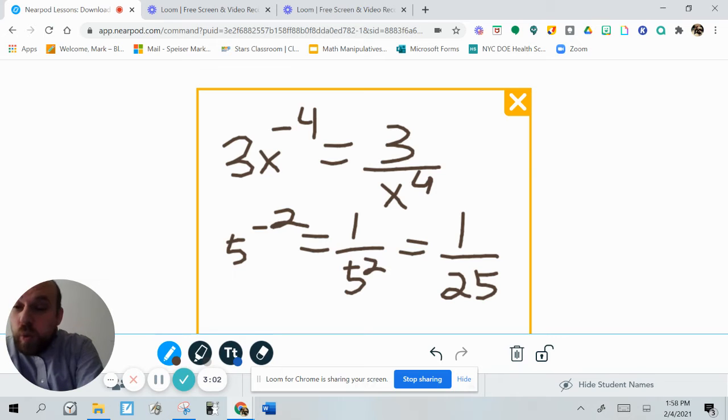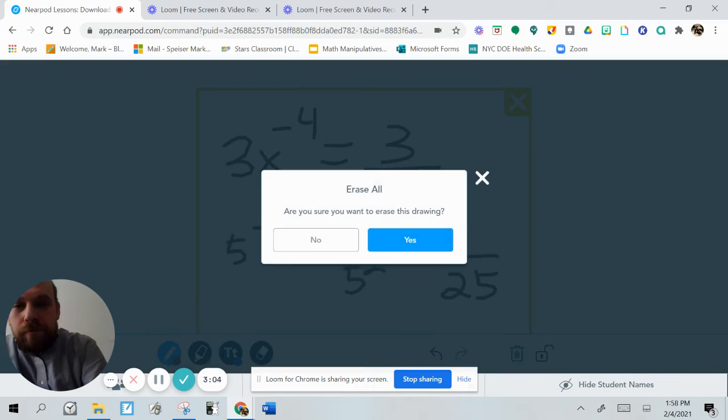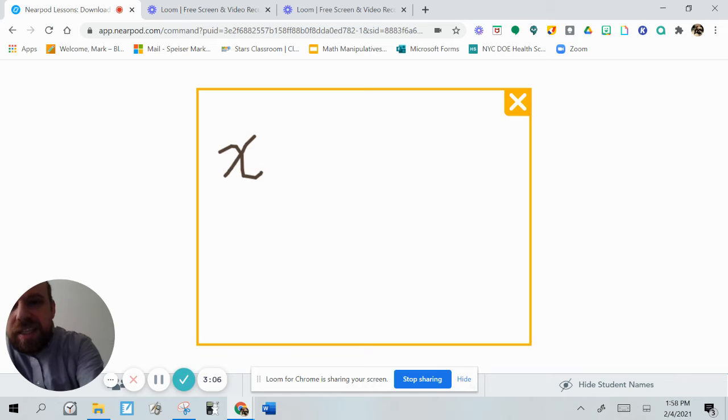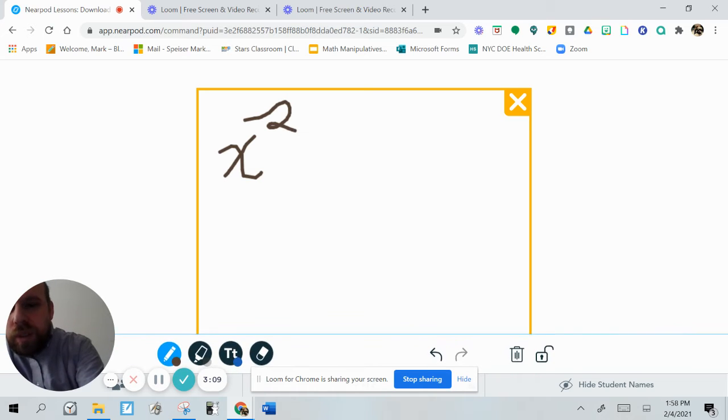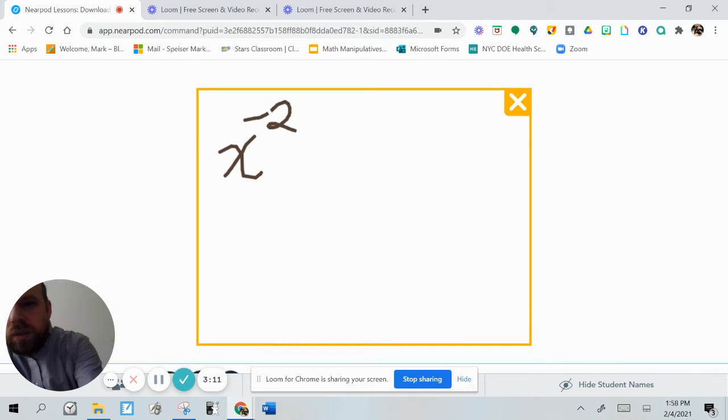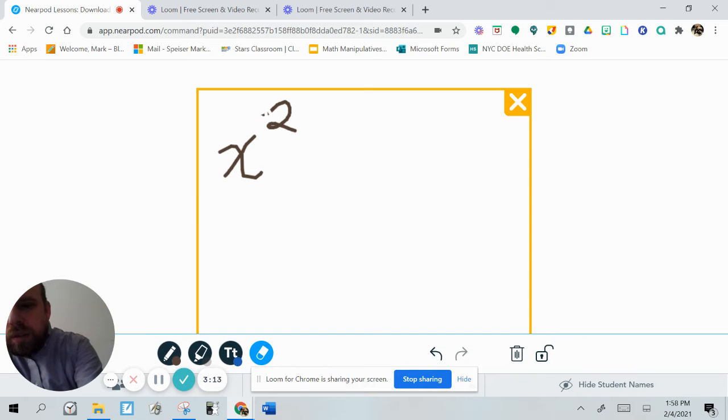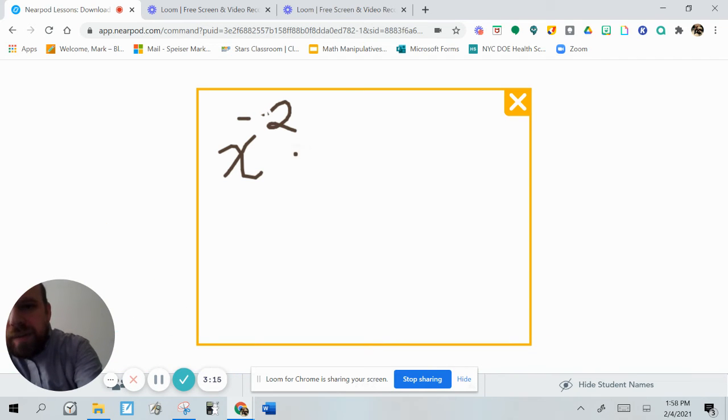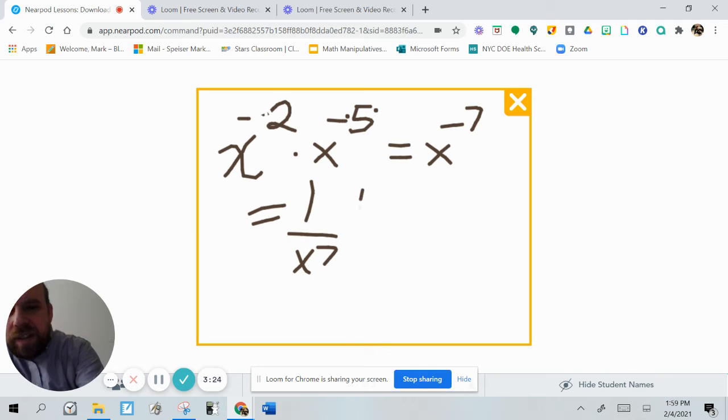Let's do some practice using the power rules. So if you had x to the negative 2 times x to the negative 5, you add the exponents, it's x to the negative 7, which is 1 over x to the 7.